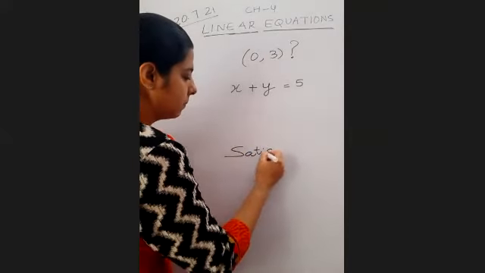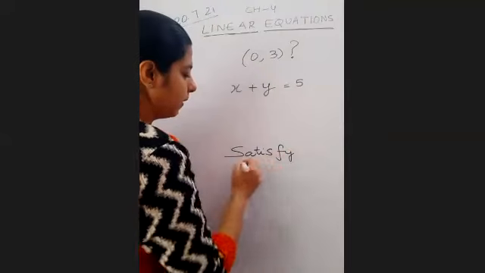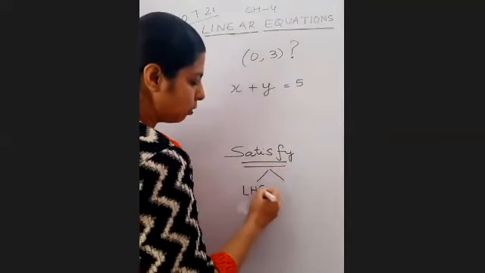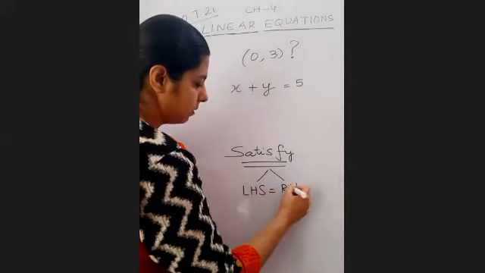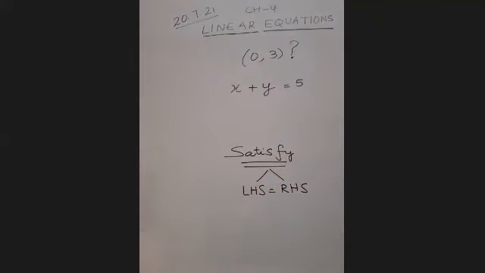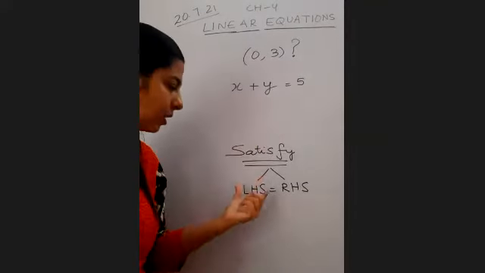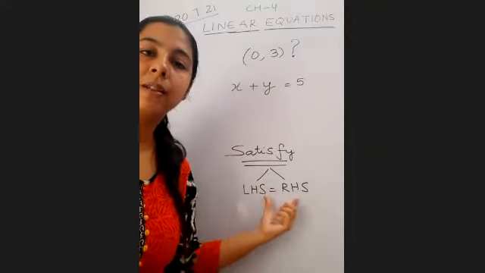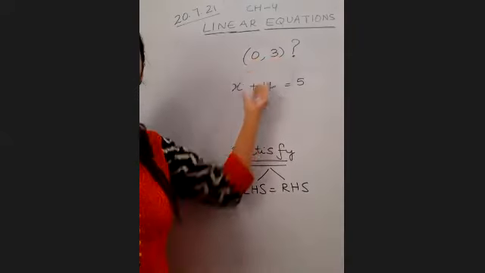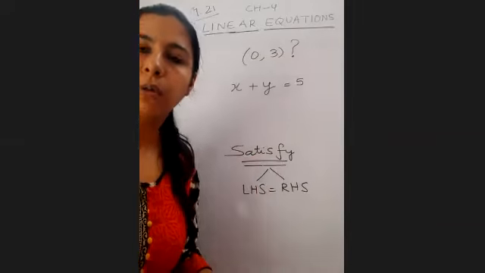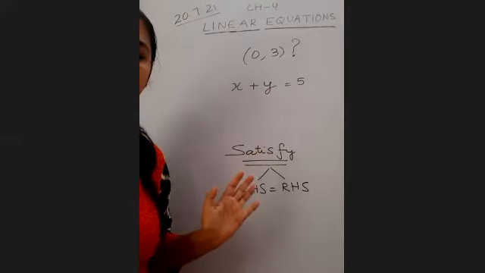Understand this term, satisfy. Satisfying means LHS should be equal to RHS. If on putting this value LHS is equal to RHS, that is, if (0, 3) satisfies the given equation, it will be a solution, otherwise not.